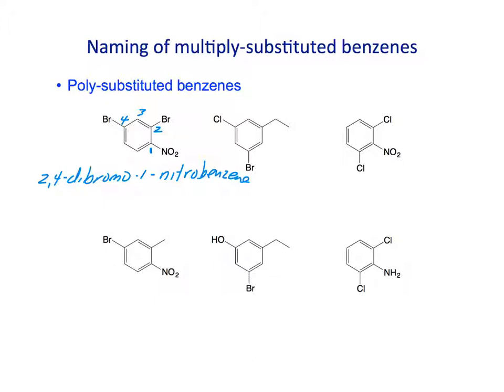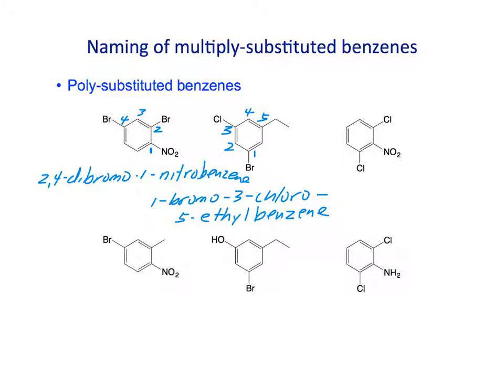So we start at the position that comes first in the alphabet, and then go around the ring, so the second group is second in the alphabet. So this is going to be 1-bromo-3-chloro-5-ethylbenzene.